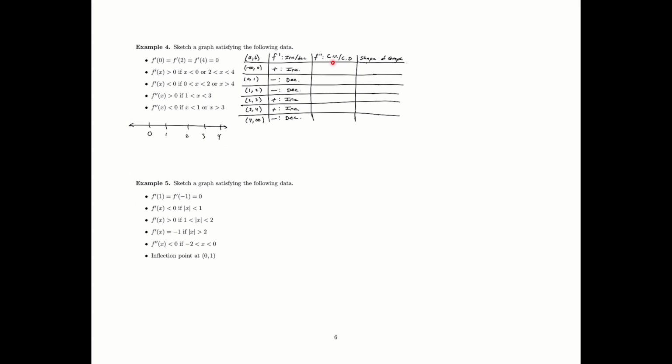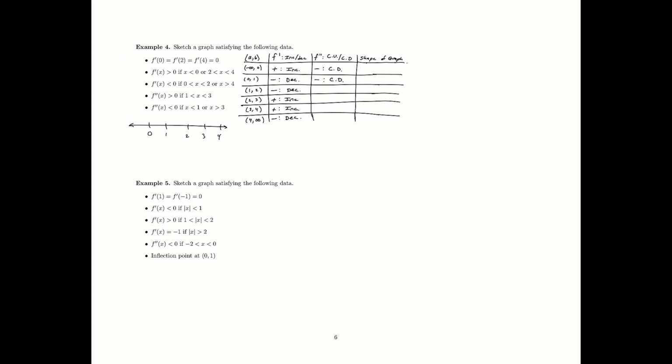So now we're going to do a similar thing for the second derivative. Let's start with less than 0. If x is less than 1, so that includes when x is less than 0, we're going to have a negative second derivative, so that would be concave down. Between 0 and 1, that is still included here, so we'd also have negative, which would be, again, concave down still.